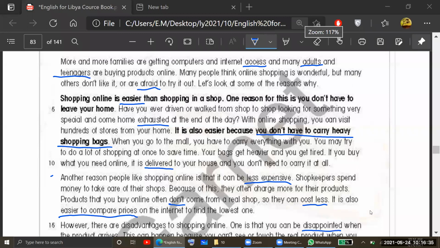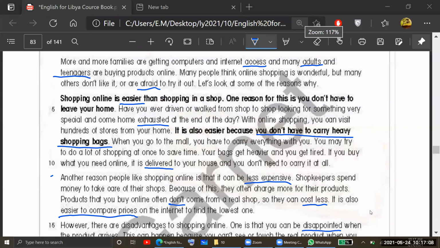Excellent answer, Rida. Excellent. Let's look at Rida's answer. We will see all the answers. Let's get started with Rida. He says he prefers online shopping. Why? Because there are some famous websites which can refund you.